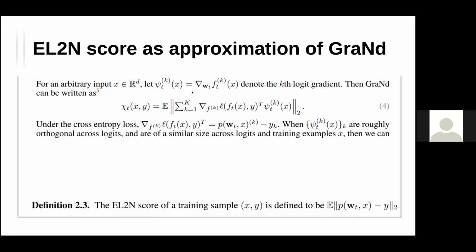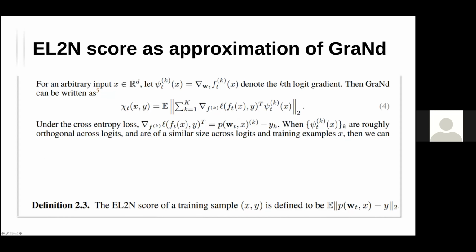This is even easier than GraNd, because for GraNd you still need one backpropagation, but here, I'm not sure. Also the formula looks a bit complicated, and we still need to calculate the gradients.